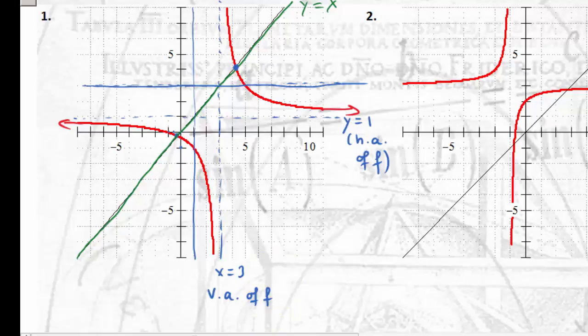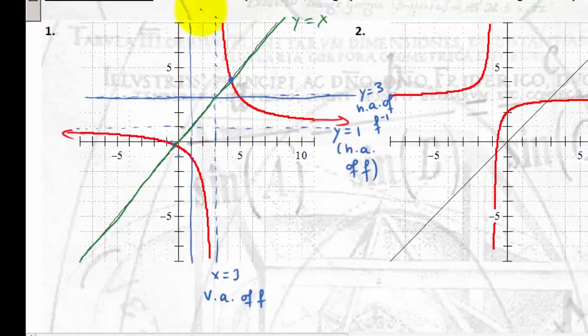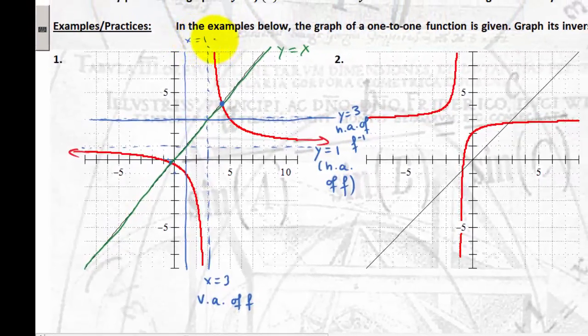Therefore, x equals 3 becomes y equals 3, and that should be a horizontal asymptote of f inverse. And y equals 1 becomes x equals 1, and x equals 1 should be a vertical asymptote of f inverse. Okay, you have to flip them both.